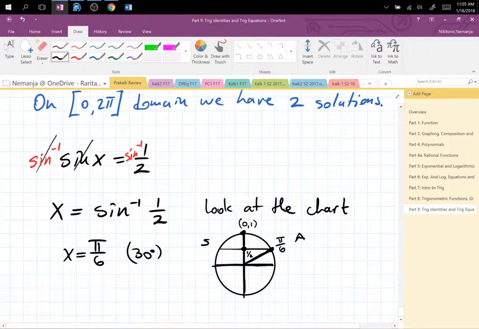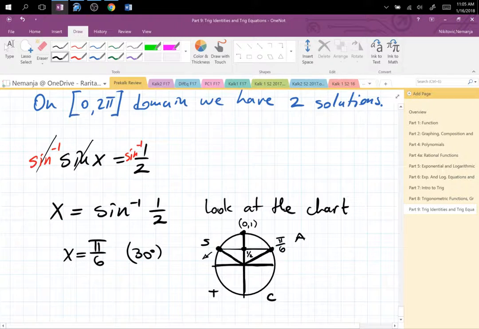All students take calculus. Sine is also positive because this was sine x equals positive 1/2. Sine is also positive in the second quadrant. So this point is your other solution, when you reflect.